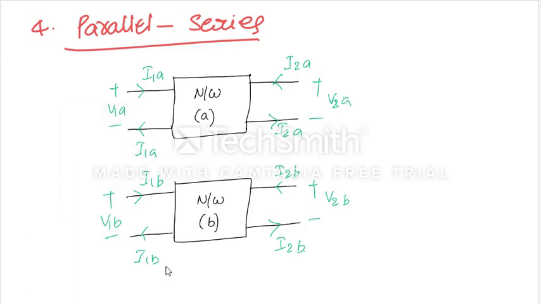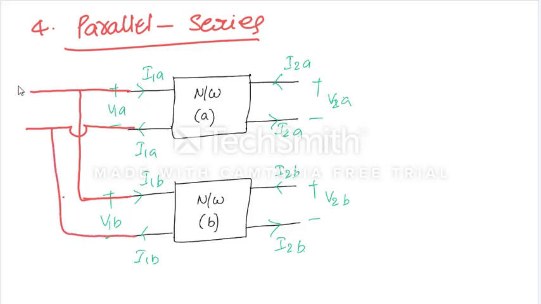Port 1 is parallel means both positives I can short here, and both negatives we can short here. This I can say V1, and if I say this current is I1, some current will go here, some other current will go here.